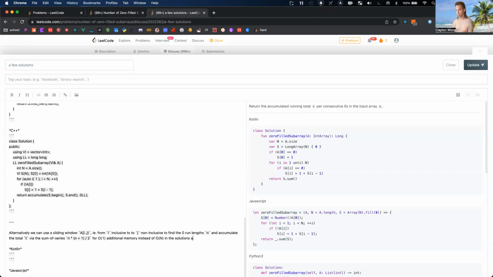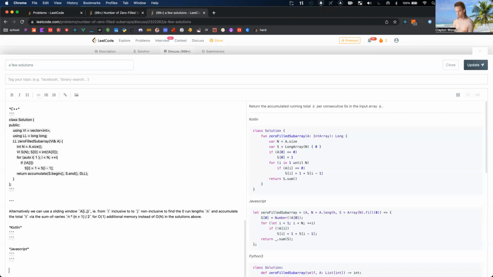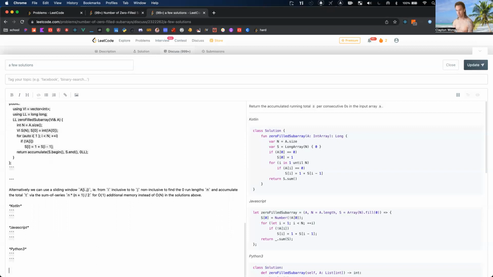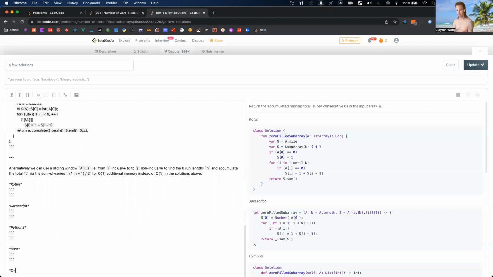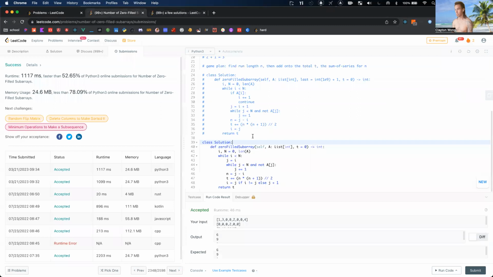I guess they're just different solutions, but right, just a different way of looking at it. It's cool to have different perspectives on things, right? Yeah, it's always cool to solve the same problem in different ways.